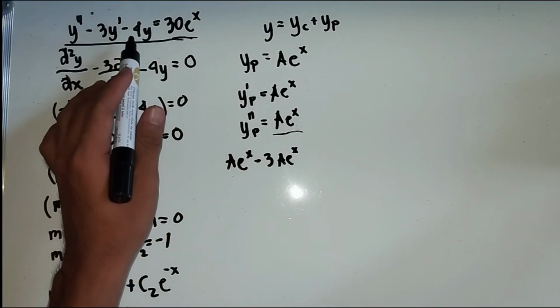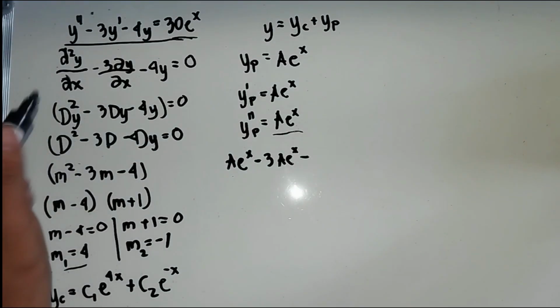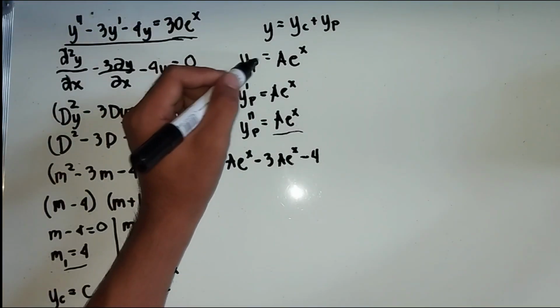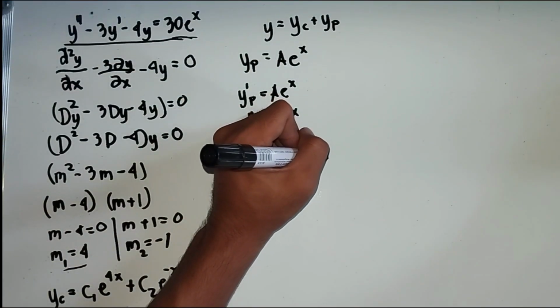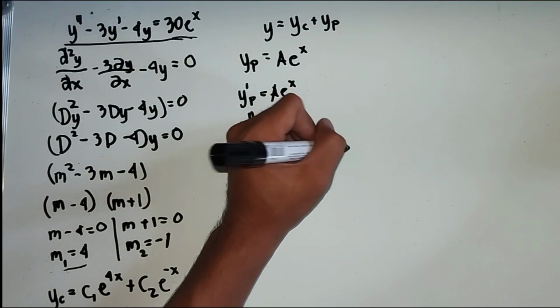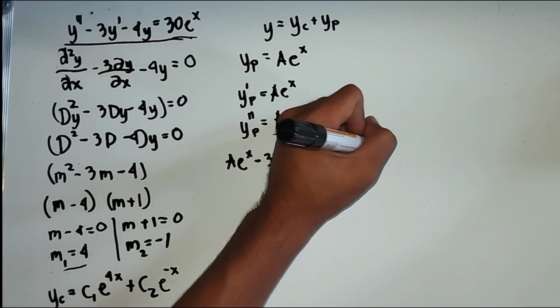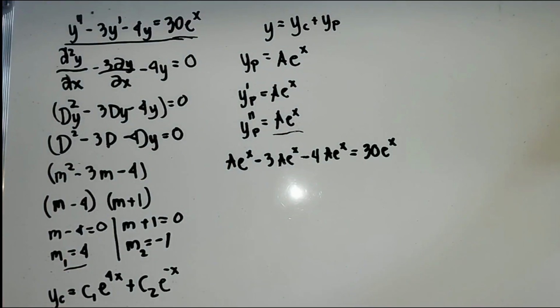The next term is minus 4y. Since our y here is the same, this is a e to the power of x, and then equate it to 30 e to the power of x.